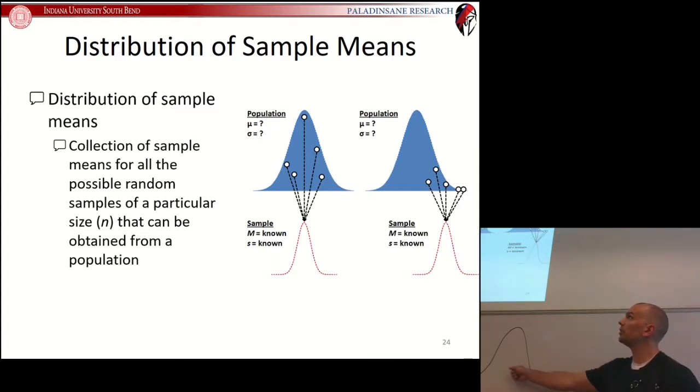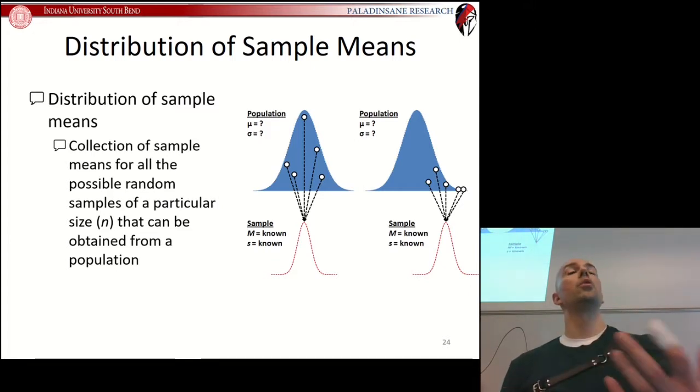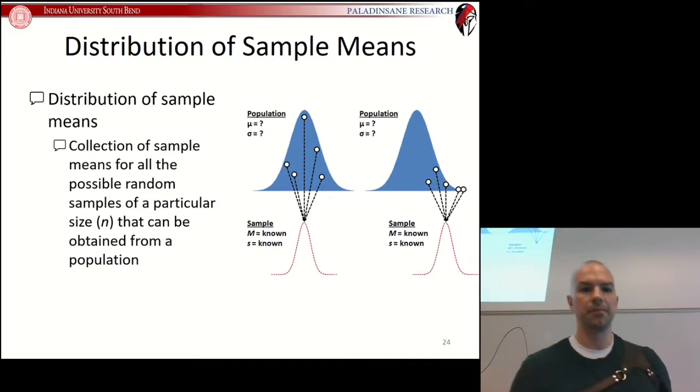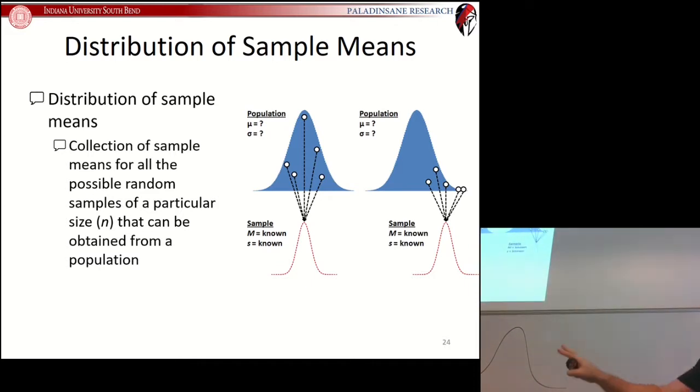And this is the distribution of sample means that is going to tell us how unlikely it is to get Elon Musk, Neil deGrasse Tyson, and Bill Nye the Science Guy on the same team versus getting a selection of individuals with more normal IQs on the same team. So that's what it is.